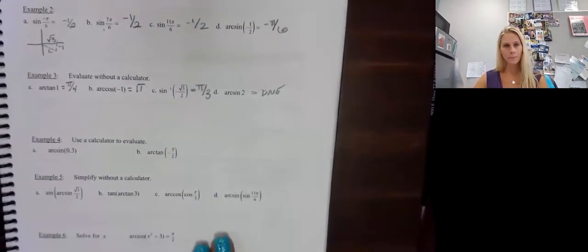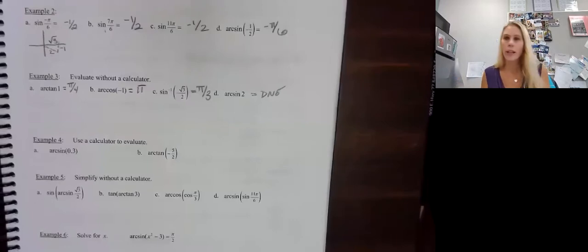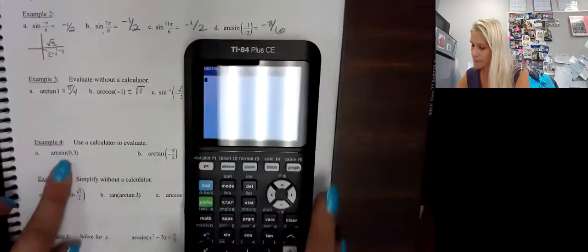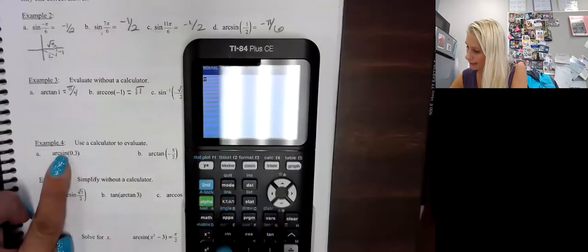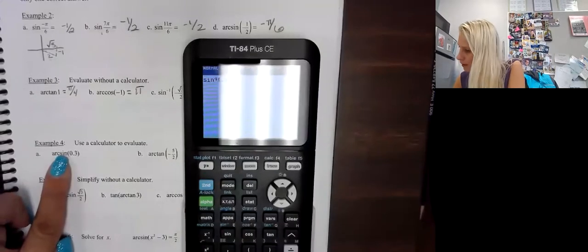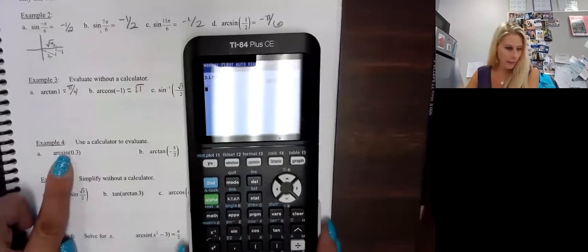Awesome, guys. Okay, here we're going to use our calculator. We always have to remember how to use our calculator here, so make sure you're in radians. And inverse sine, so mine's in blue. So I'm going to go second, inverse sine, 0.3, and I get my value.